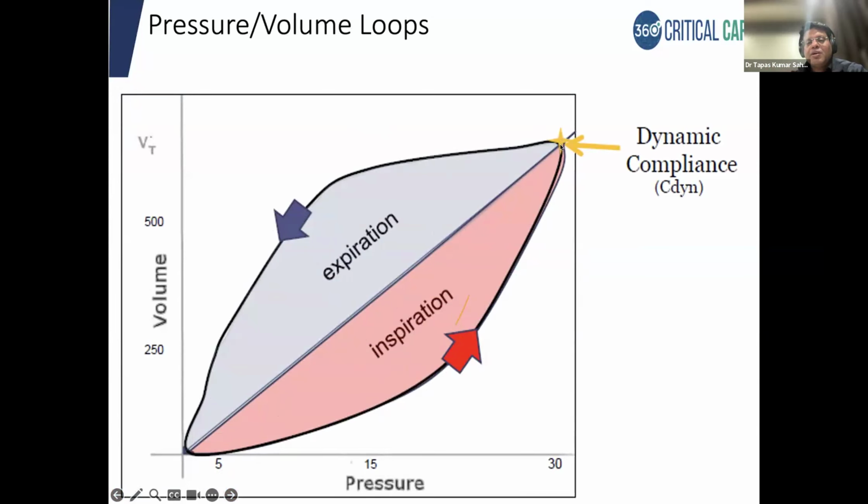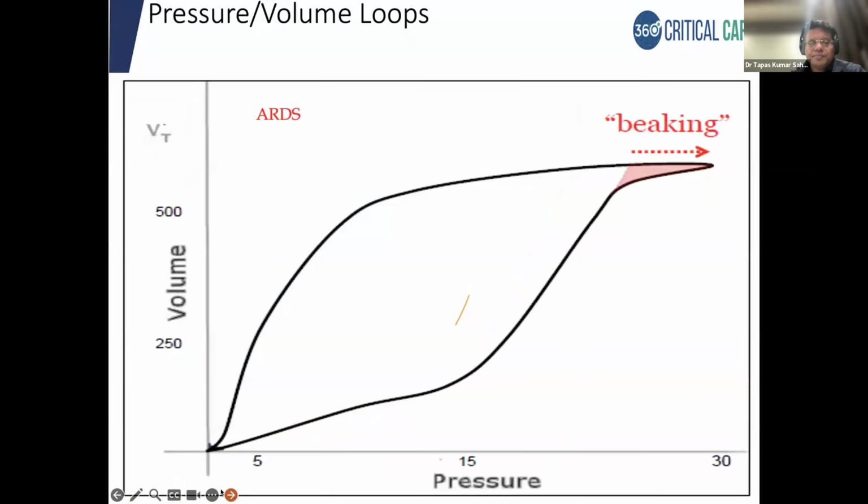Now here is the dynamic compliance. This is the joining point of the inspiration and the expiration at the maximum level. And here the expiration happens. So you can see this is counterclockwise. You put a line here in the middle of this loop, and the right side would be inspiration and the left side would be expiration. Clear?